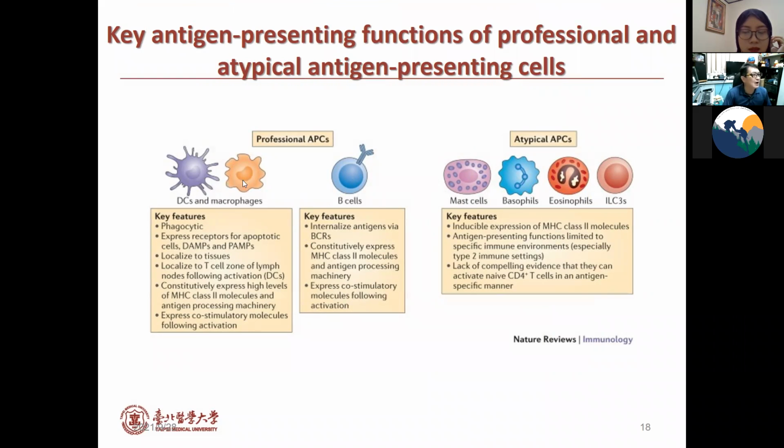I just mentioned that, right? DCs, macrophages and B cells are professional antigen presenting cells. You can see this abbreviation, APCs, when you read the literature.